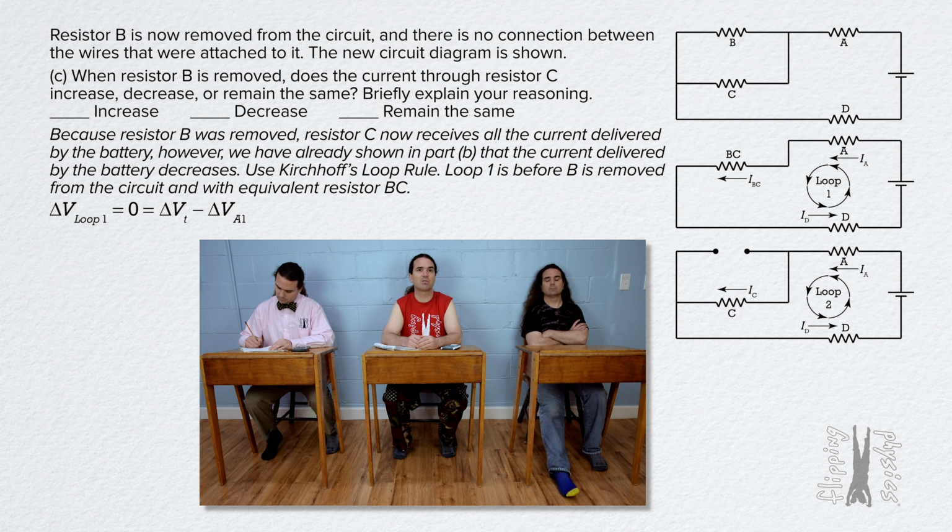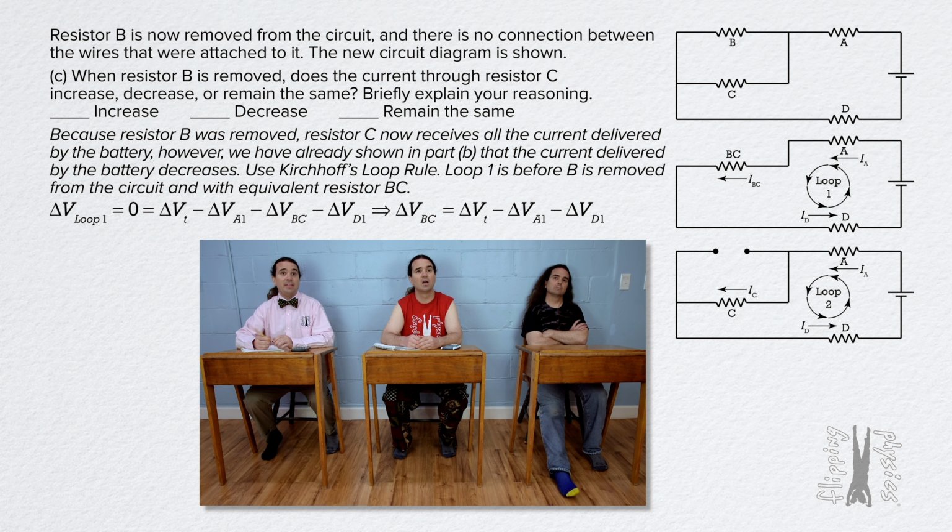Minus electric potential difference across equivalent resistor BC minus electric potential difference across D1. That means the electric potential difference across BC equals the terminal voltage minus electric potential difference across A1 minus electric potential difference across D1. And that equals the electric potential difference across C during part 1 before resistor B is removed. Right, because before B was removed, the electric potential difference across equivalent resistor BC is the same as the electric potential difference across B and C.